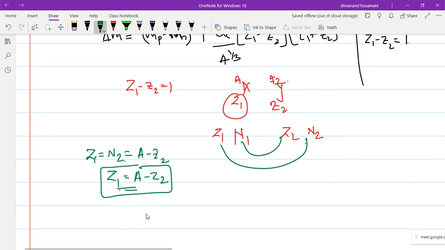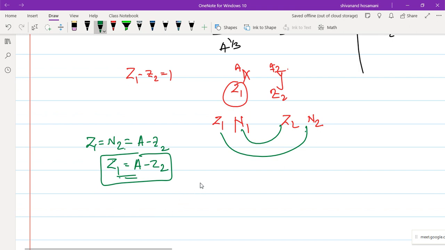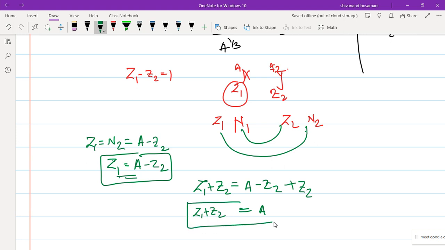Therefore z1 can be rewritten as a minus z2. Then z1 plus z2 becomes a minus z2 plus z2, and I get z1 plus z2 equal to just a. Therefore z1 plus z2 is given by a.